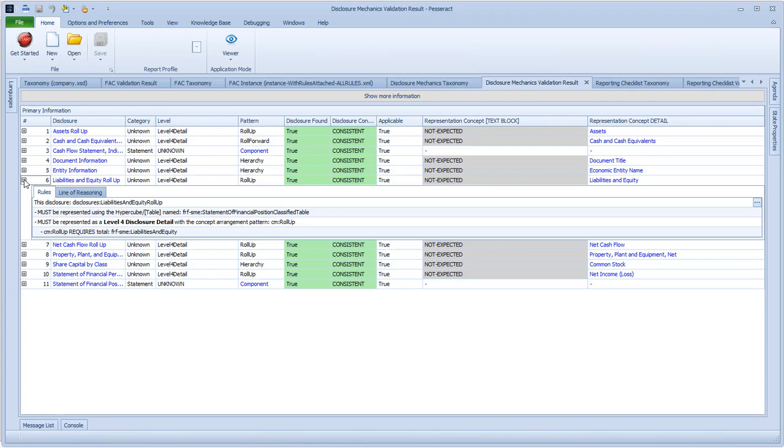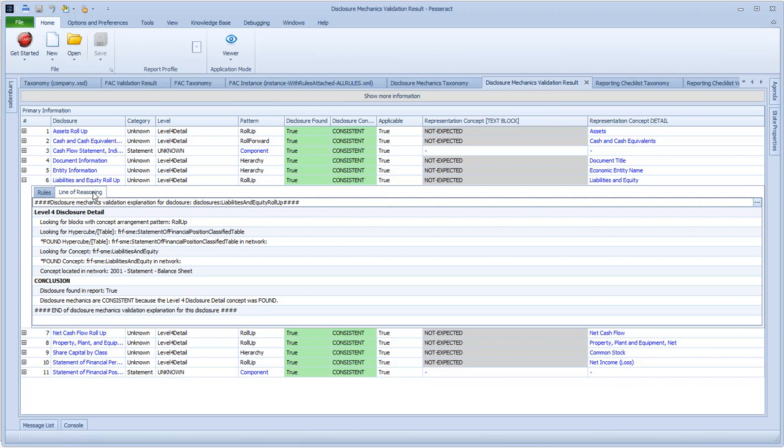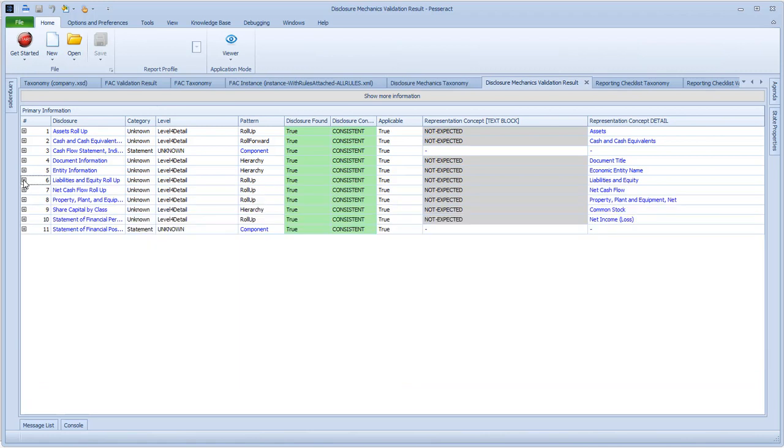And when the application loads, it tries to find that, and it reaches a conclusion as to whether this component or this block or structure is following the rules that are prescribed for that structure. Okay? And basically, every one of these was found, and every one is consistent with what is expected.